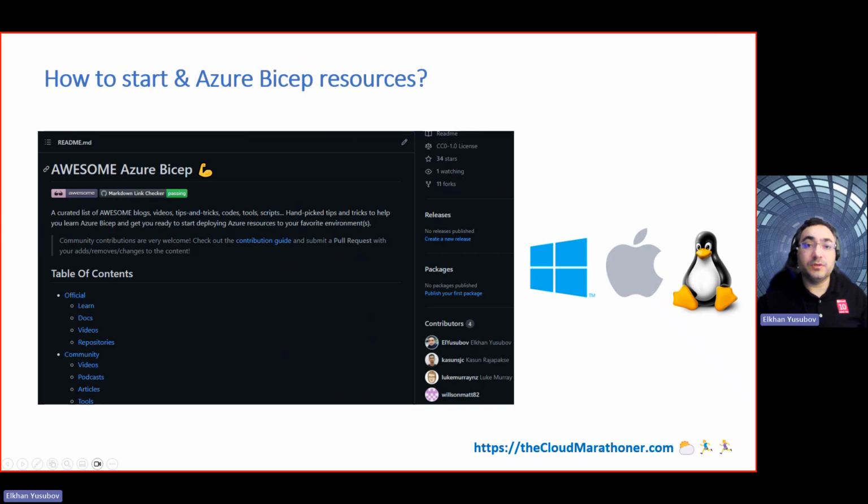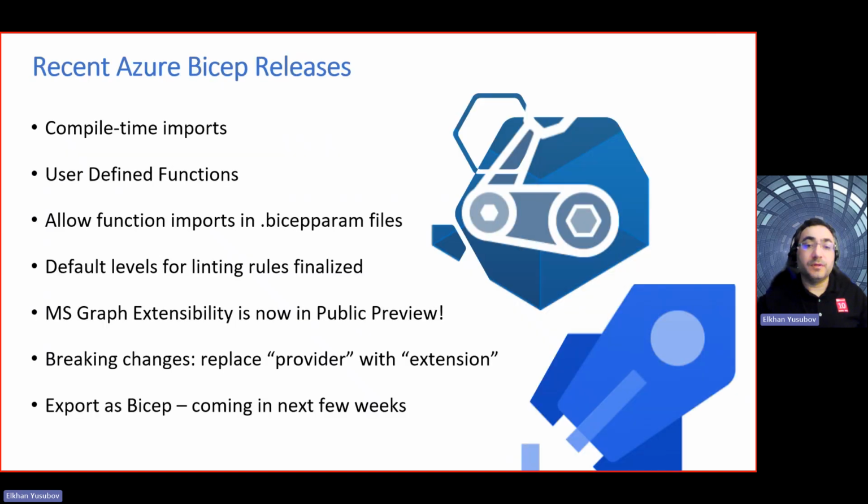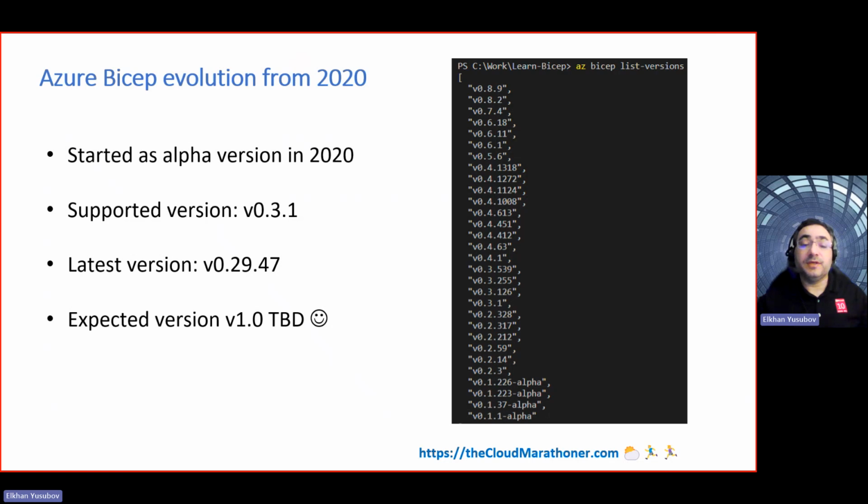Next, let's look into a small evolution of how Azure Bicep actually took off. Initially it started with the alpha version, and it started on August 28, 2020. Over time, new versions were added, but it didn't reach the stable version 1.0 yet.